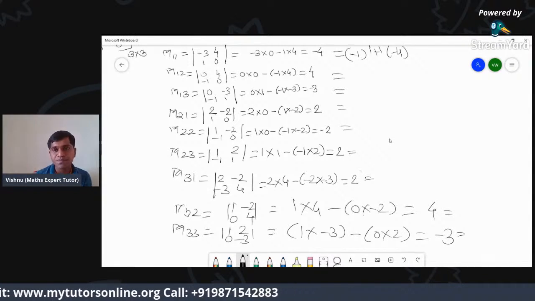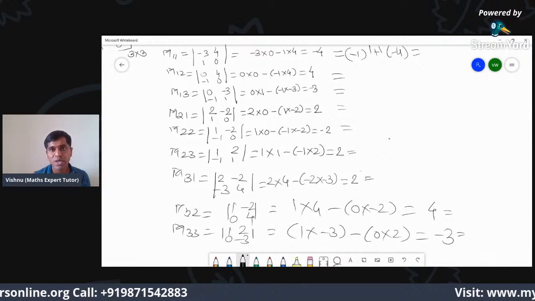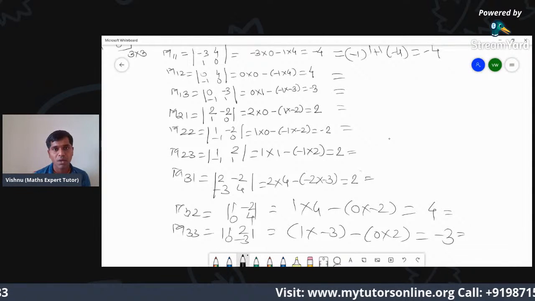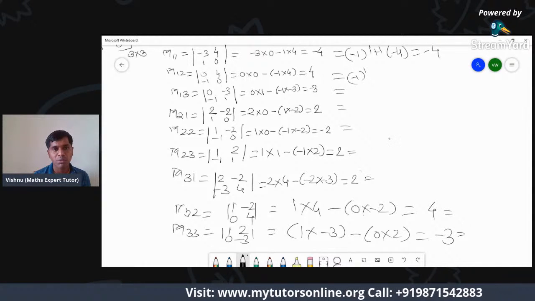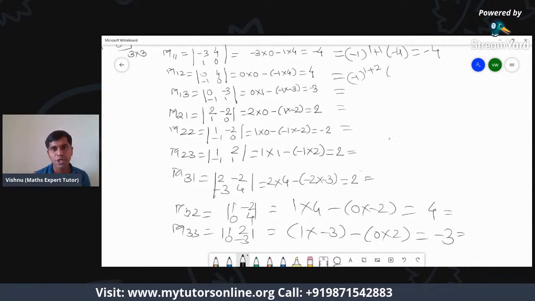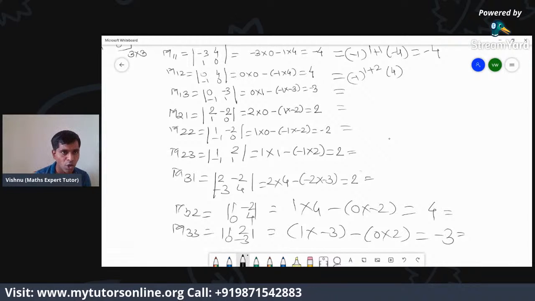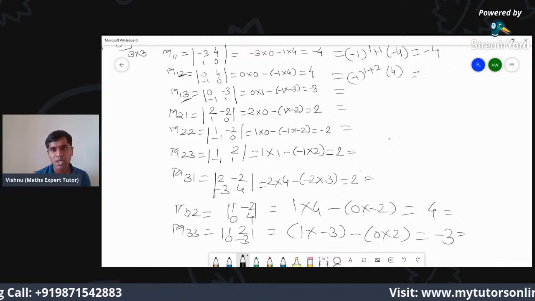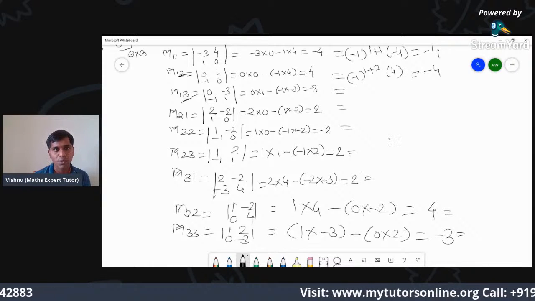Minus 1 raised to square is 1, 1 into minus 4 is minus 4. Minus 1 raised to 1 plus 2 into 4. First row and second column. Concentrate here. So it is minus 1 into 4, minus 4.